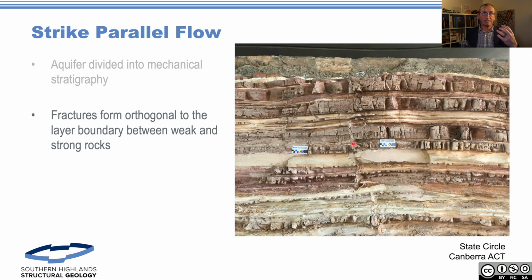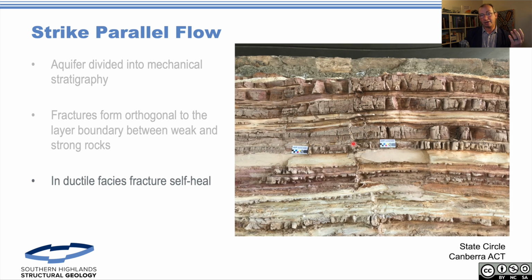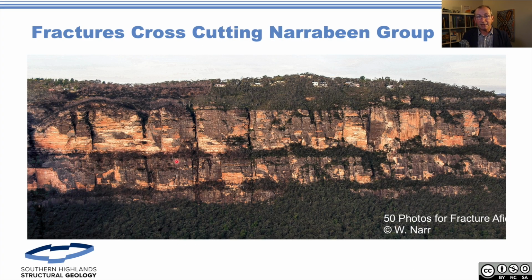And what we're saying here is these fractures are going to form orthogonal to the bed bounding surfaces in general. And they're going to form due to the mechanical contrast between weak and strong rocks. And there's the whole idea that we have self-healing. So even if the fracture does propagate into the aquitard, because it's a finer grained rock, it will start to self-heal.